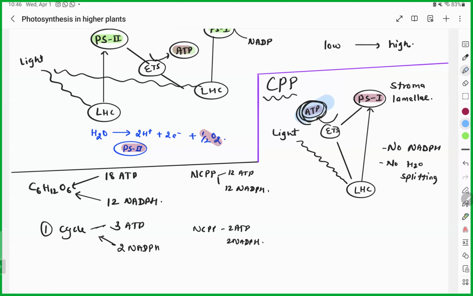Understood, guys? So how many cycles are required then? Cyclic or non-cyclic? Both. For example, for one C3 cycle, one Calvin cycle, you need one non-cyclic and one cyclic.